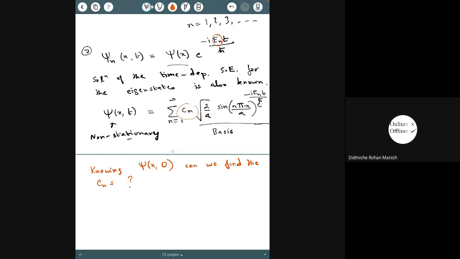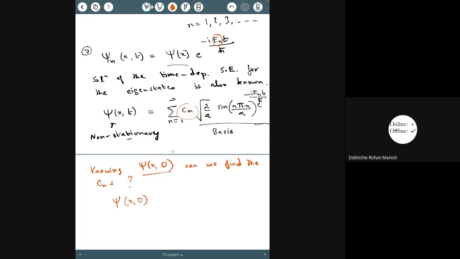Okay, because here you have to choose psi(x, 0) as a non-stationary state, and only then you will have a time evolution which will take you to other non-stationary states, if that is what you want. To do that, you have to basically find a non-stationary psi(x, 0) and then start with that. So how do you find out the starting function which is non-stationary?